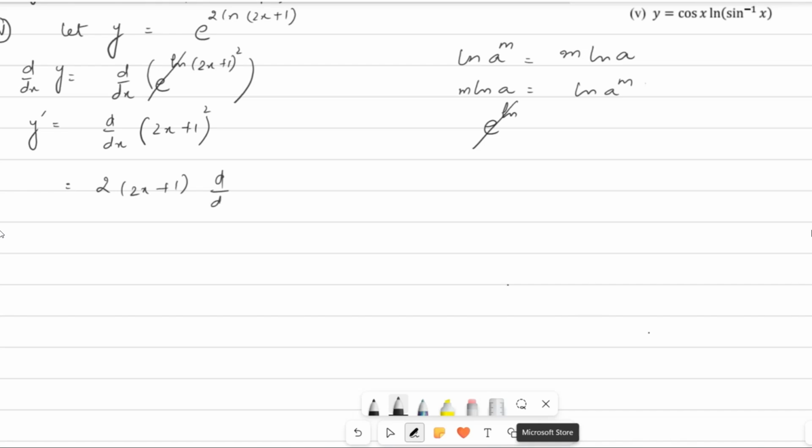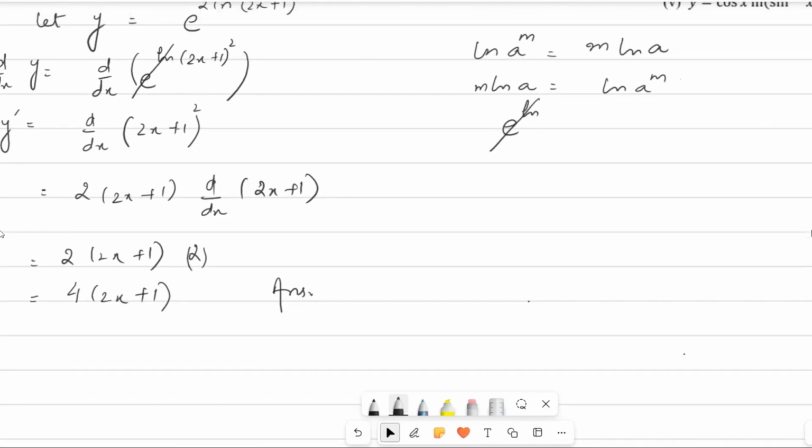And again the derivative of 2x plus 1: the derivative of 2x will be 2 and the derivative of 1 will be equal to 0. So 2 times 2 into 2x plus 1. This is the answer.